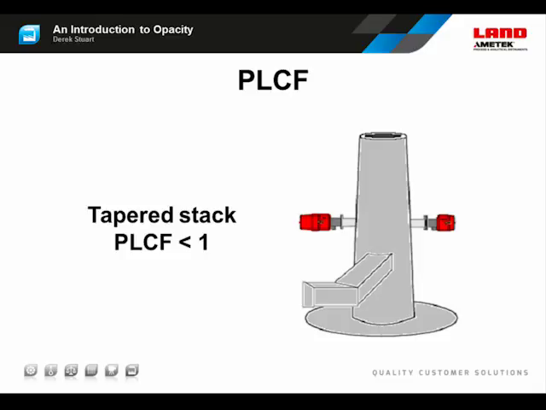And that's probably the most common cases are either a straight stack where the PLCF is equal to 1, or a tapered stack where it's less than 1. We do occasionally get customers who install the opacity monitor on a duct leading to the stack. And in that case, the stack exit diameter is greater than the measurement path length, and the PLCF is greater than 1.